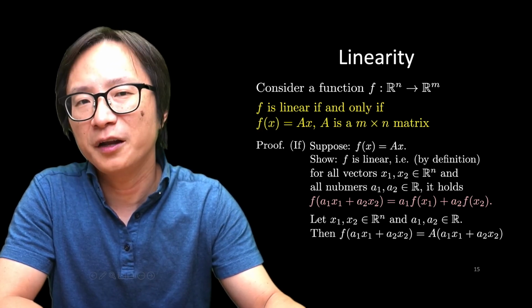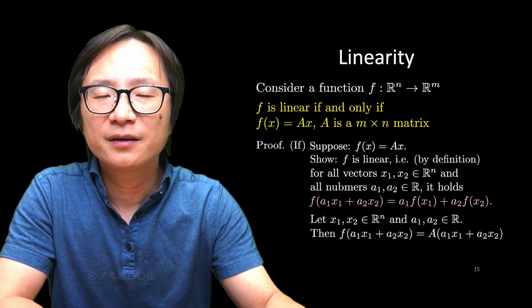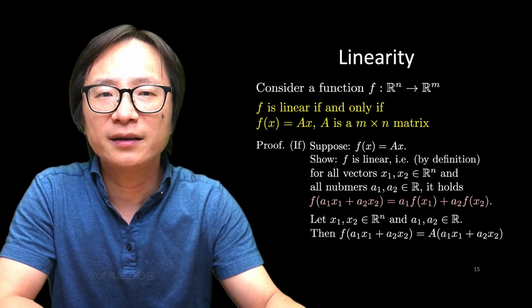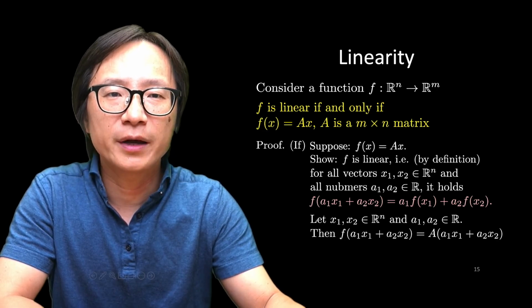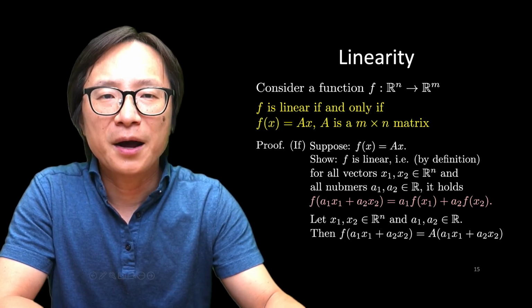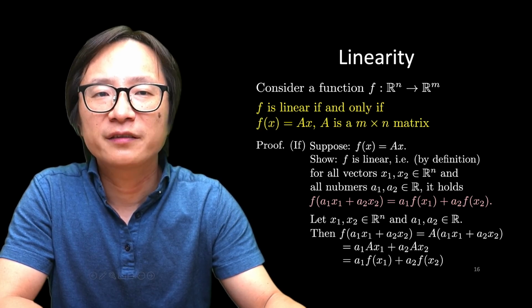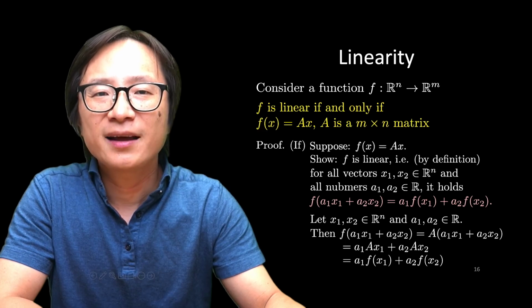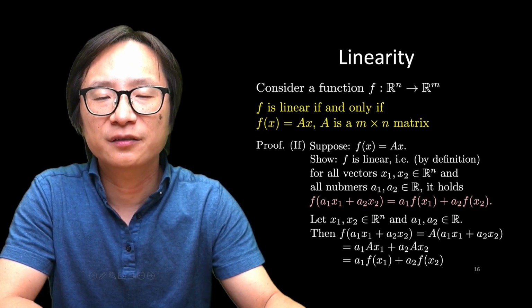Here the x is a linear combination of x1 and x2. So we apply A, so it equals A times the linear combination, A times (a1 x1 + a2 x2). Now, we can expand this based on basic matrix algebra, equals a1 A x1 + a2 A x2.